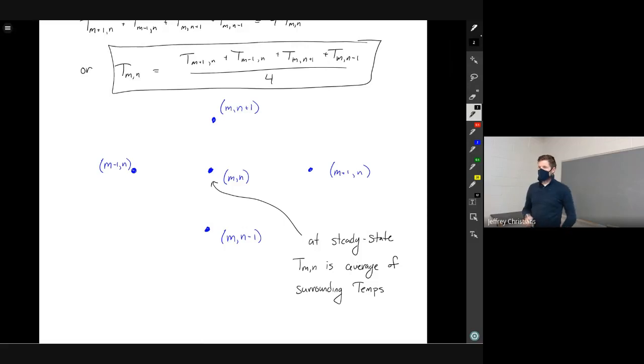So how do you find the temperature in the middle? Well, you take the temperature above it, the temperature to the right, the temperature to the bottom, the temperature to the left, you add those all together and divide by 4.